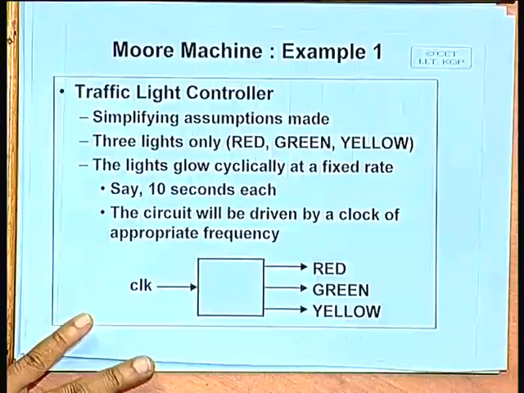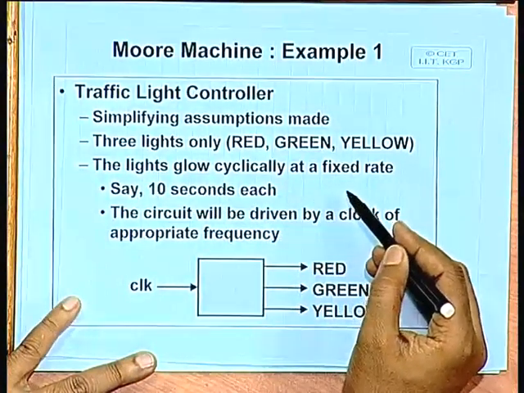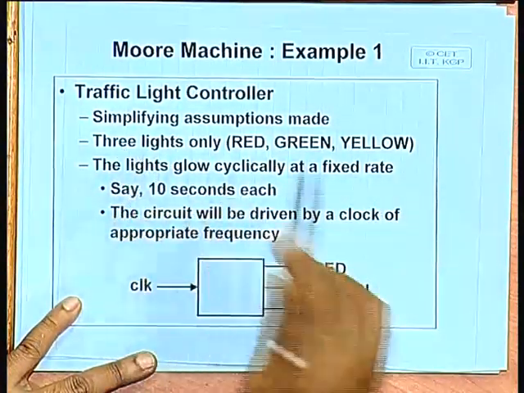In practice the times will not be equal, of course, but for the sake of illustration we assume that they will be glowing cyclically at a fixed rate. These are the simplifying assumptions.